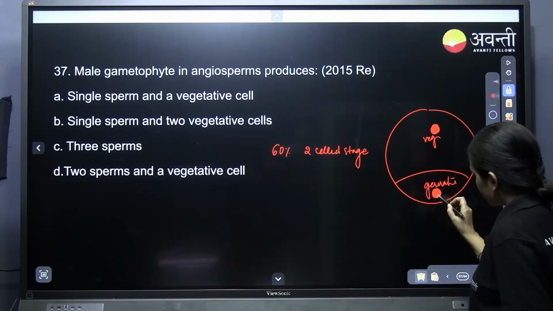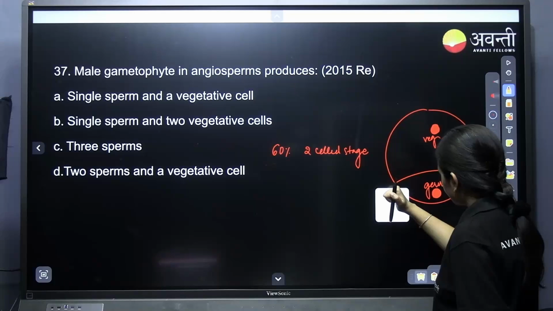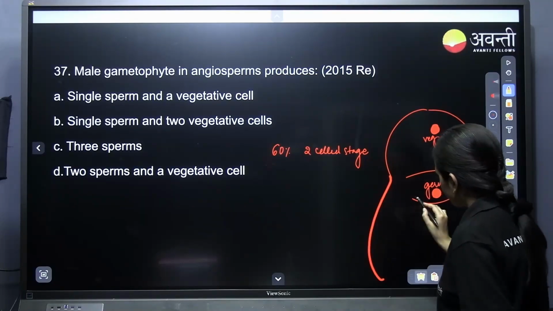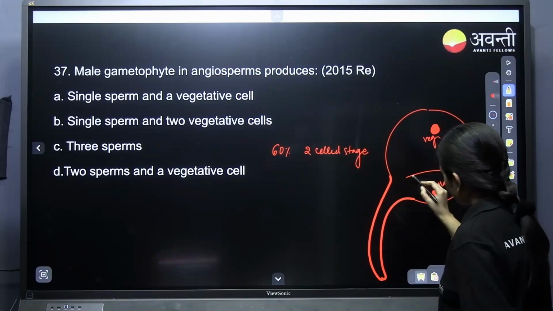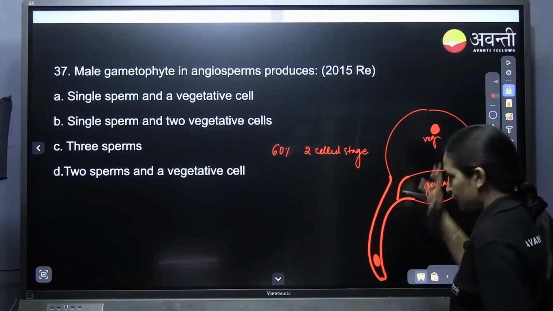This will form the pollen tube. This will lead first, and later this will undergo degeneration.